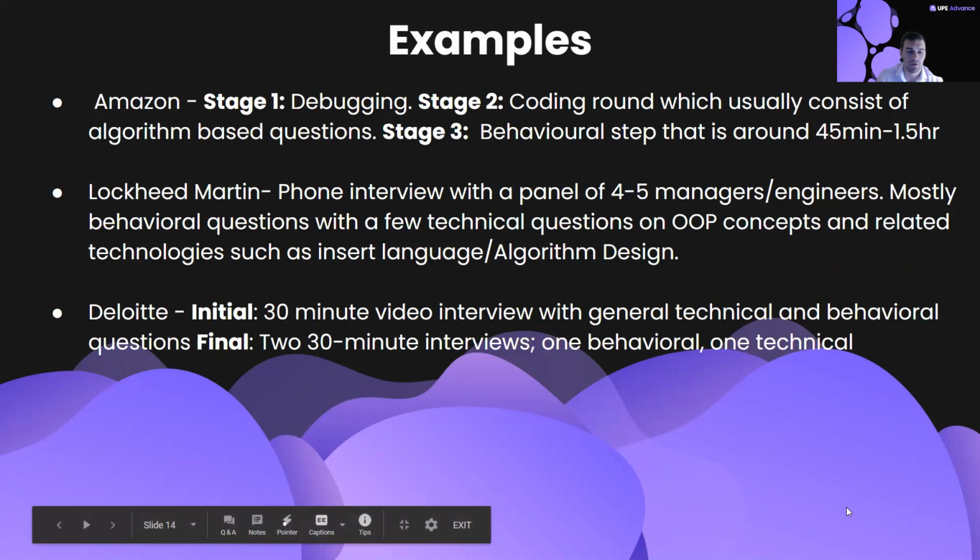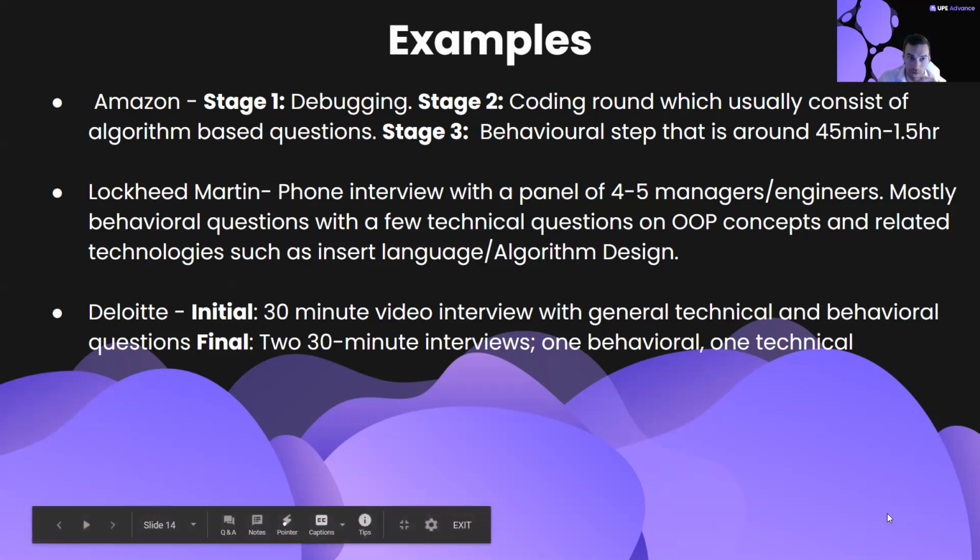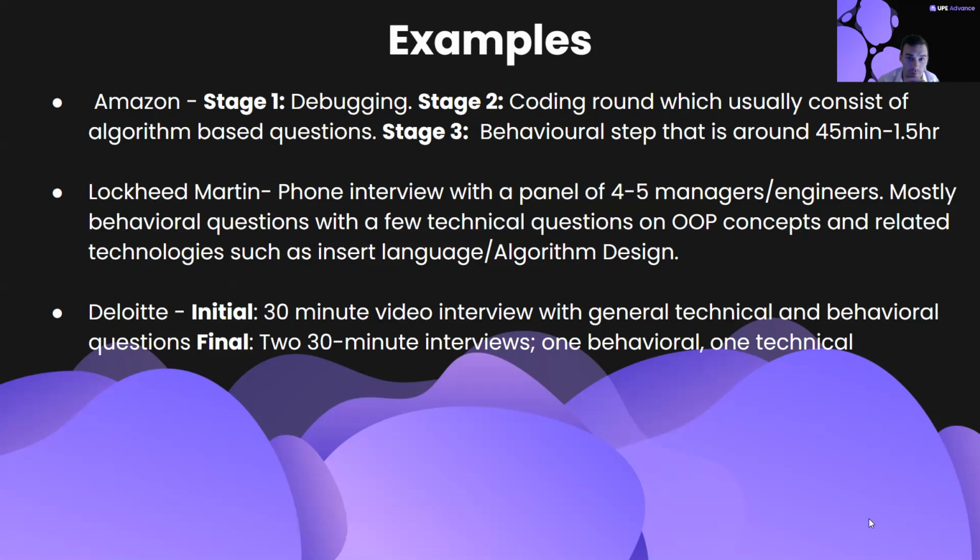And Amazon's first round is debugging, not too bad. Once you've finished the debugging questions, which is around 10 questions, again an automated system, the computer will send you a link to a second coding round, which will be algorithmic based questions like we went over a few slides ago. Boom, you pass that, you get a link by the computer for a third stage, which is the behavioral step.